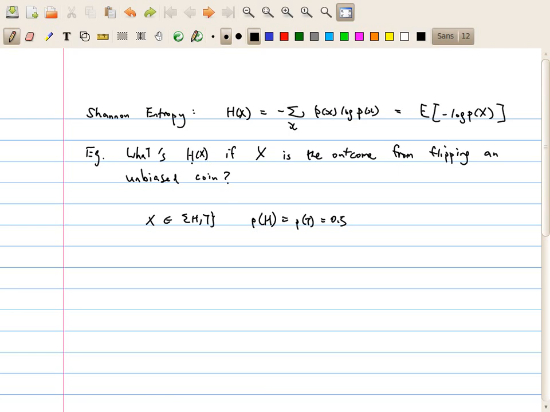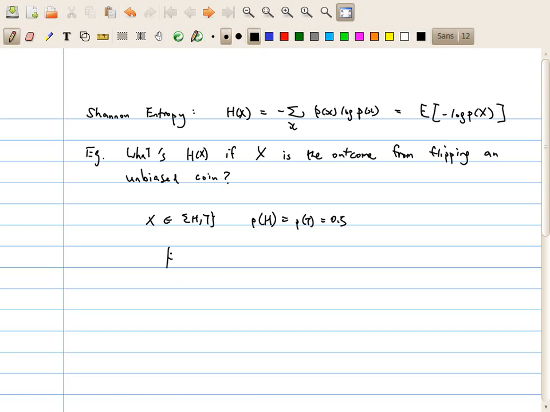Let's calculate the Shannon entropy H(X). Since X is unbiased, we have P(H) equal to P(T) equal to 0.5. Let's just substitute P(H) and P(T) into this expression here.